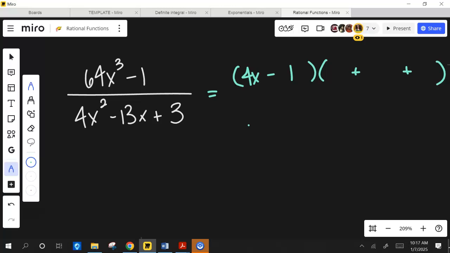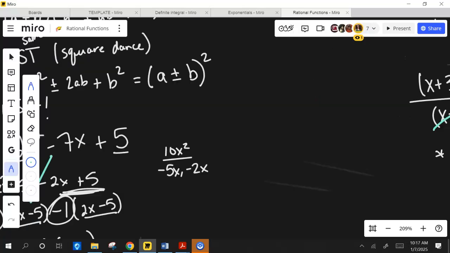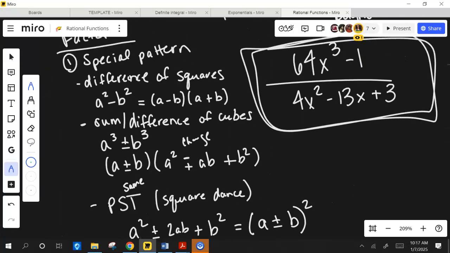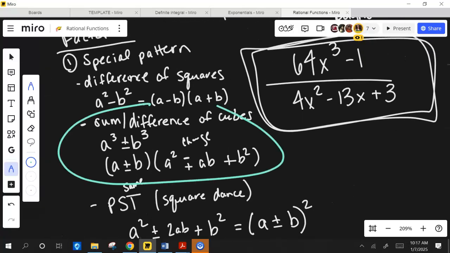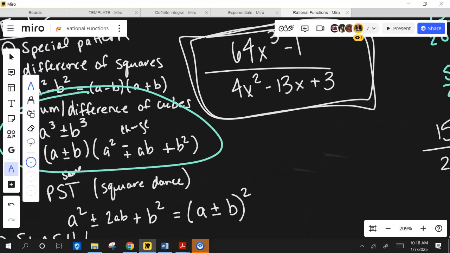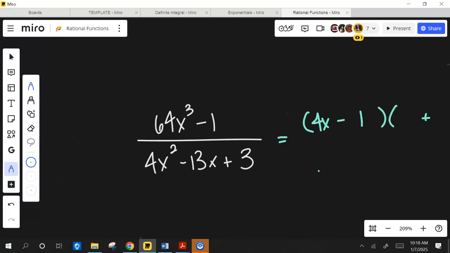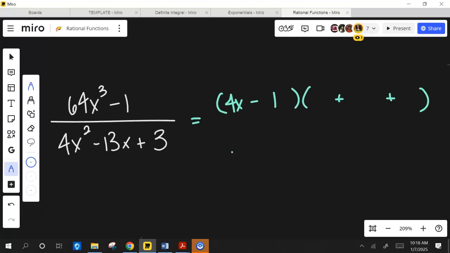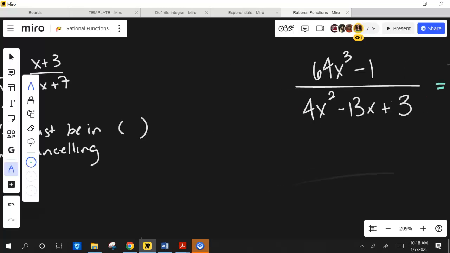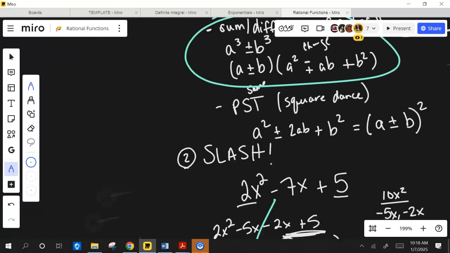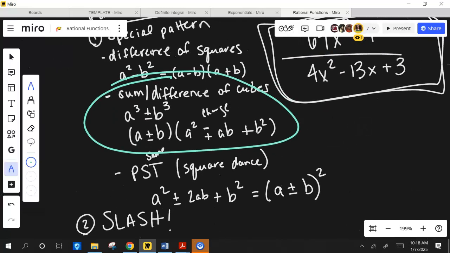Go back to what you wrote down over here, the sum and difference of cubes.